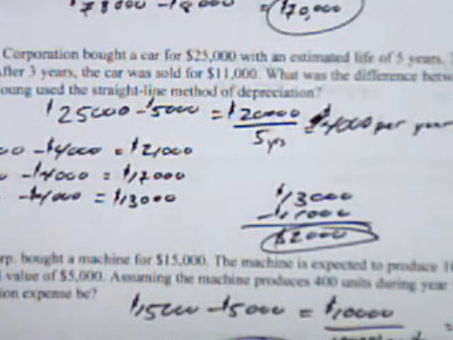So I took off $4,000 a year and got a depreciated value of $13,000 by the end of year 3. But they sold it for $11,000. So they lost $2,000 basically. They can chalk that off as a loss.